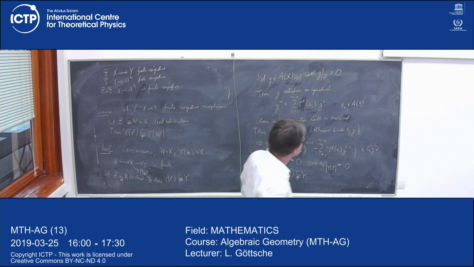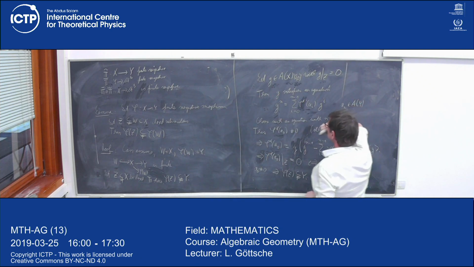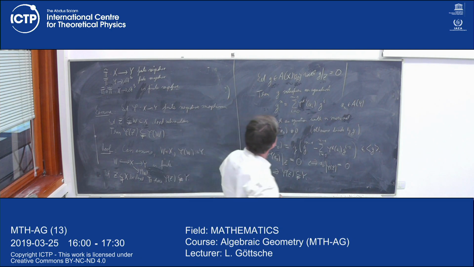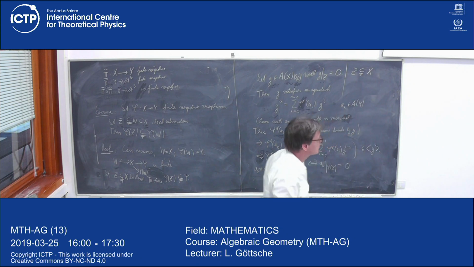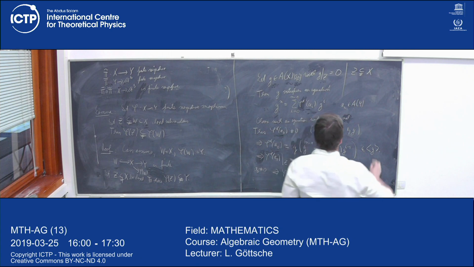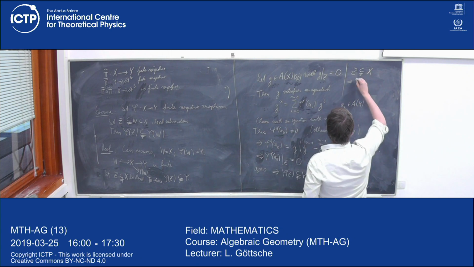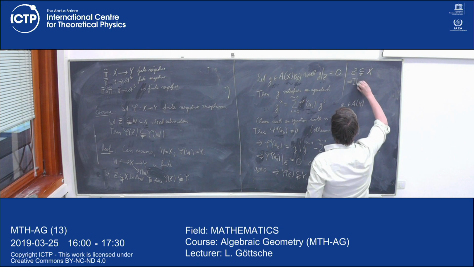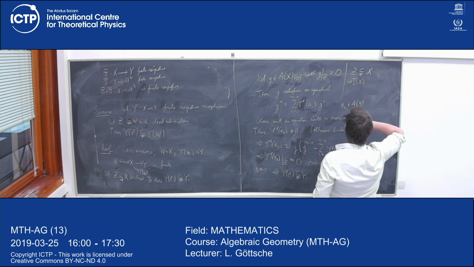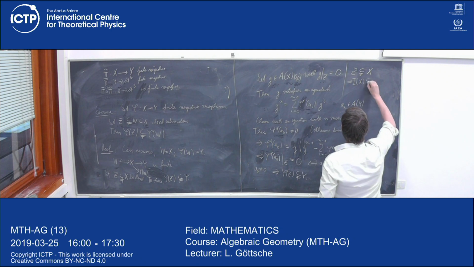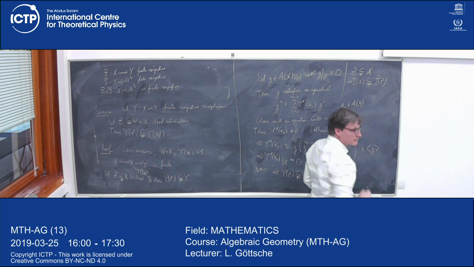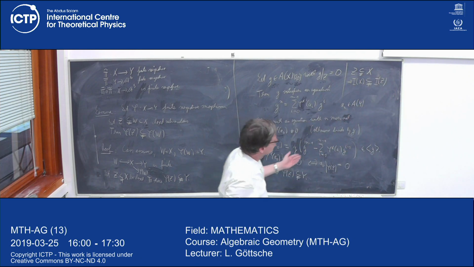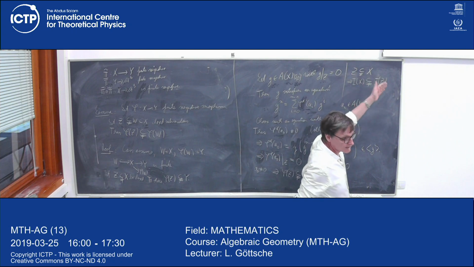Well, we have that Z is strictly contained in X. We have assumed that. So it follows that, for instance, if I take the ideal of X, this is strictly contained in the ideal of Z. Because we know that Z is the zero set of the ideal of Z, and X is there, so they have to strictly include.